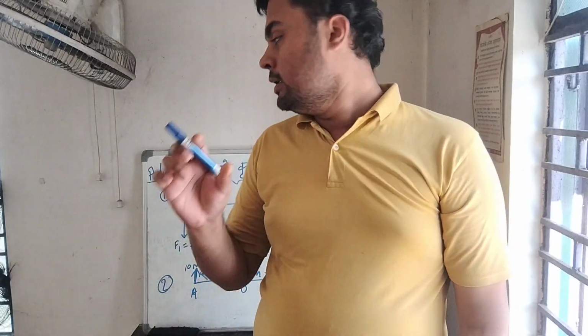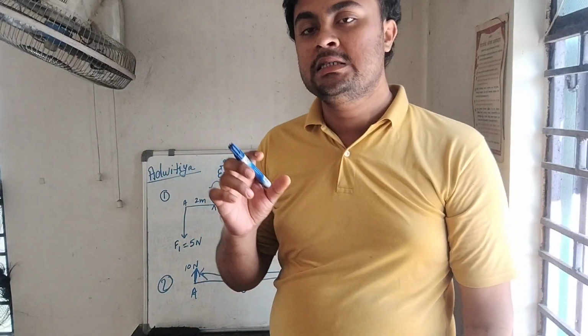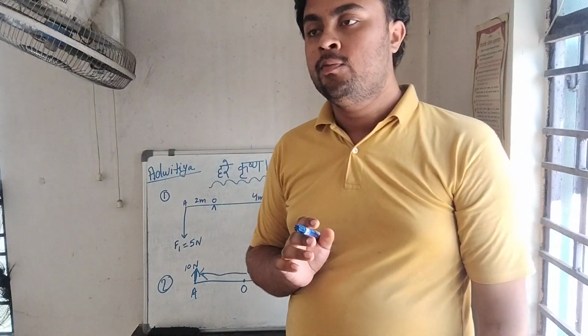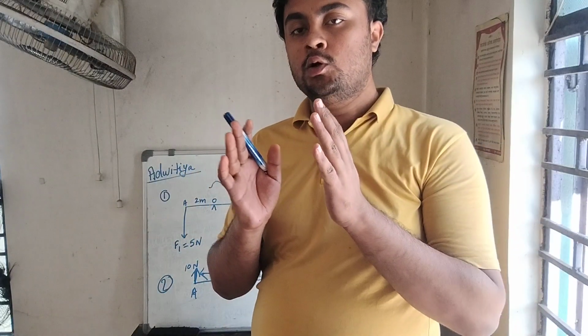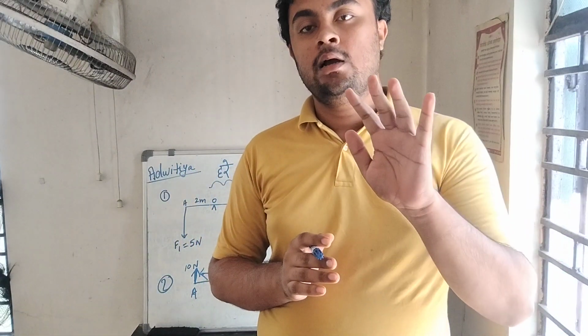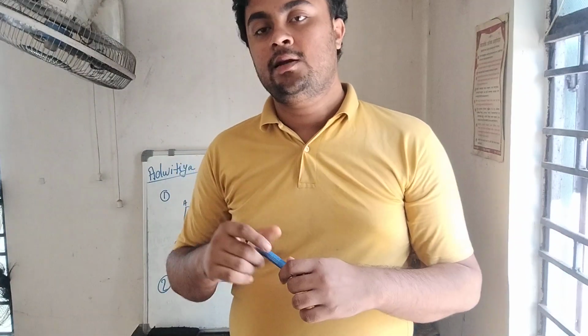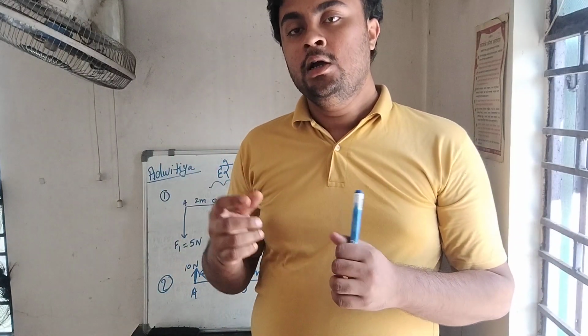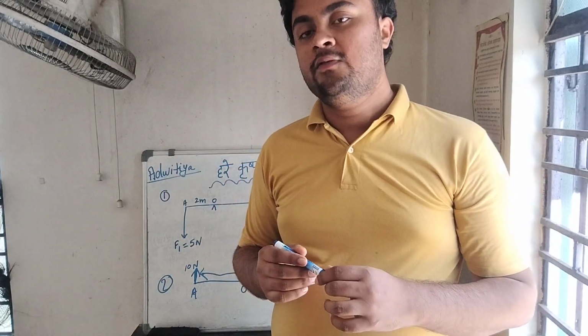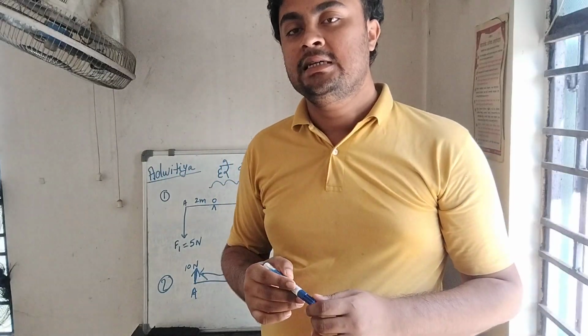So the moment of force for F1 was 10 Newton meter and the moment of force for F2 was 12 Newton meter. Okay, so if you just do the calculation, then for anti-clockwise moment we take positive value. Anti-clockwise moment is taken as positive and the clockwise moment is taken as negative. So if you do the calculation, you will get the final result as 2 Newton meter, which is in the clockwise direction.